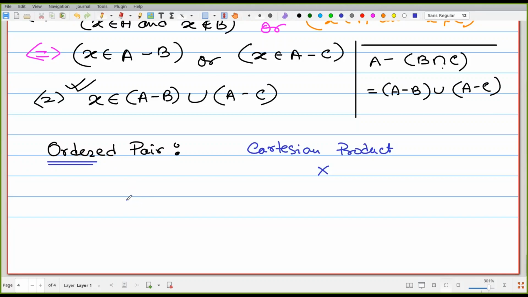So A cross B is equal to the set of pairs (a, b), where a belongs to A and b belongs to B. Just look at this.